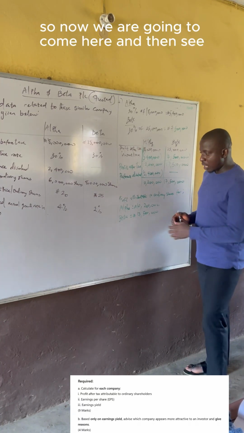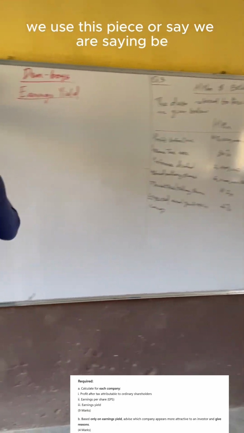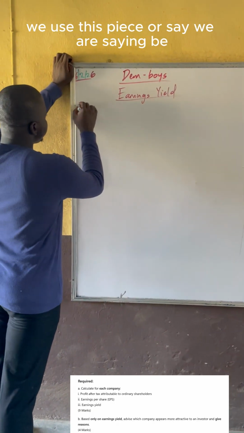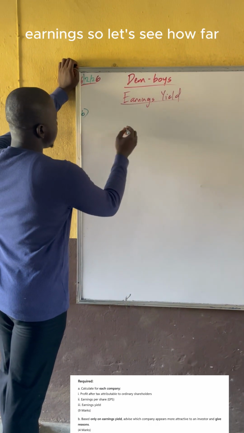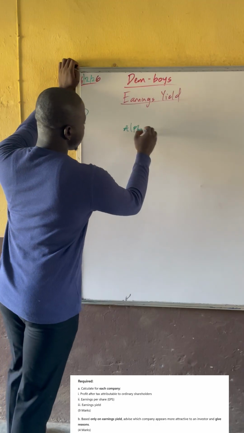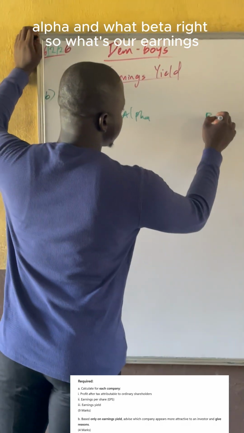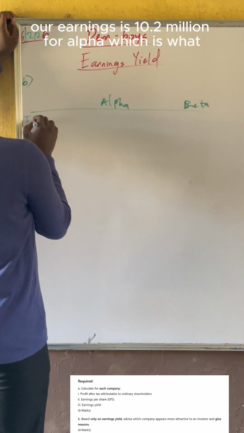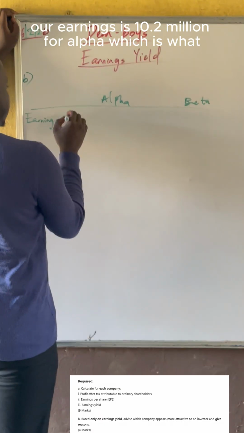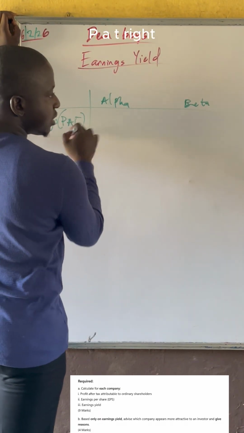So now we are saying B, we should get earnings, for alpha and beta. Our earnings is 10.2 million for alpha, which is PAT, profit after tax.